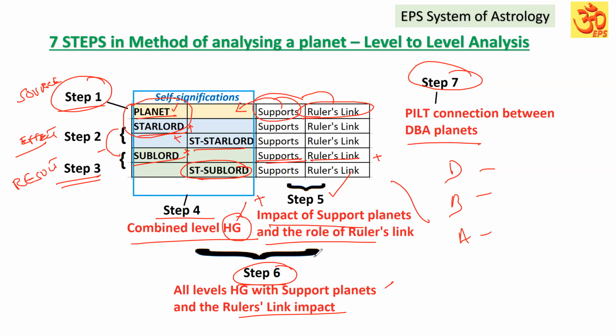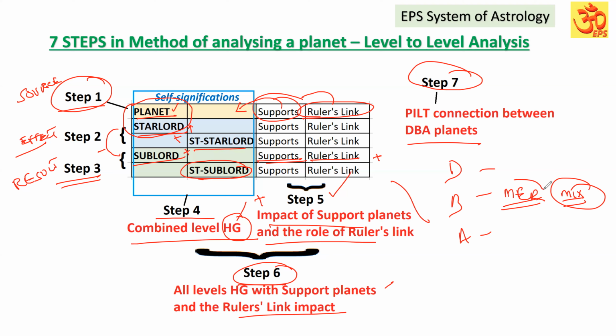But that planet's output, the result it can give, can vary depending on its role as the Dasa or Bhukti or Antra. Because a planet, if it is acting as the Bhukti Lord, suppose Mercury is the Bhukti Lord, if it is having mixed significations up to the 6th step, we can say it is having both. So that Mercury can give mixed, or it can have some unfavorable, or it can be favorable also.